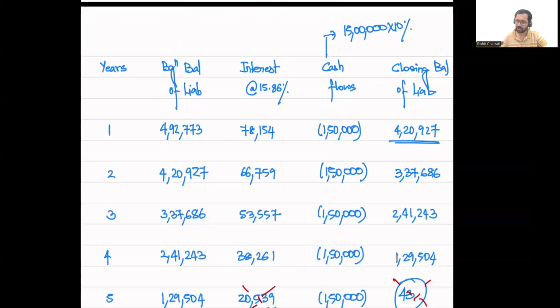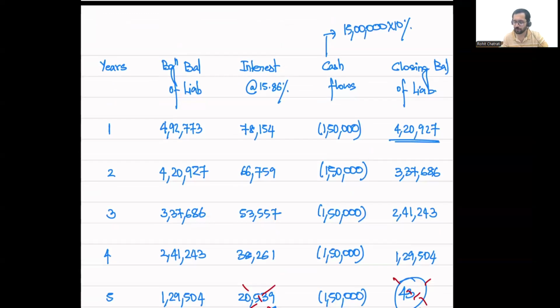The journal entries for this are, for the interest, interest expense debit to financial liability component. We are adding the amount of interest to the amount of liability.